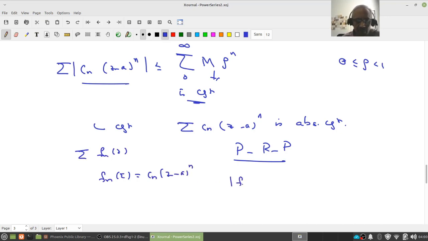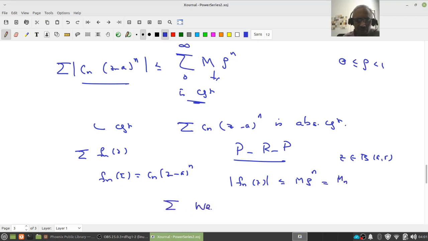Then what I have shown is that f_n of z, for z in the closed disk, is less than or equal to M rho to the power n. Call this Mn.